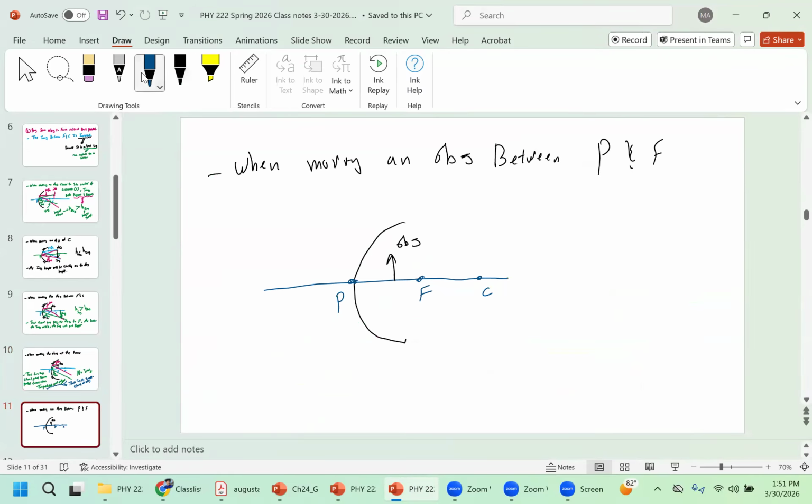All right, so let's see what's going to happen. So again, two rays, one going through the focus parallel, one going to the pole back. You all with me so far? So your object one, you're going to go to the pole and back.